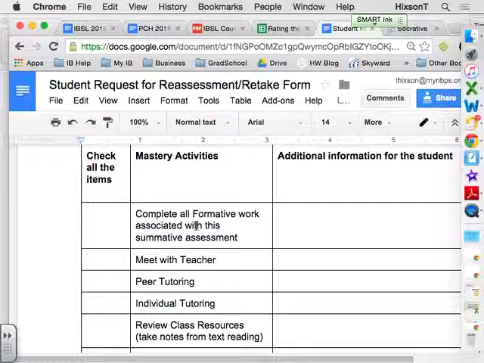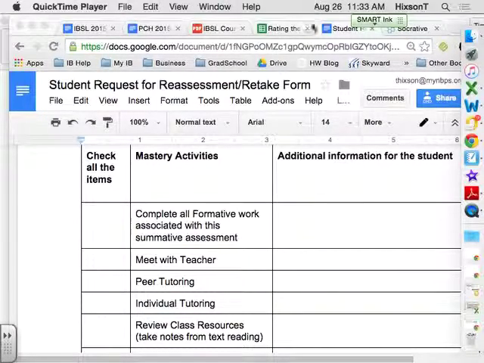So either you've got to find it, or you're going to have to redo it all, okay? Otherwise, you will not be able to take a retest. That's guaranteed. Everyone that asks for a retest will have to show me that, plus some other things, okay?